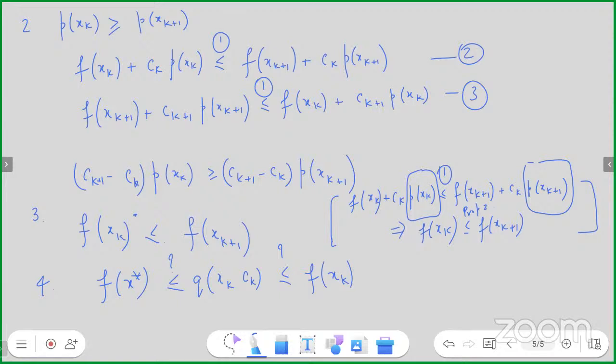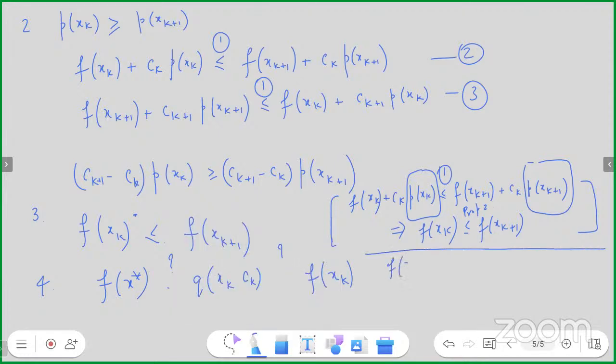So again, use 1. Let me erase this for the moment. What does 1 tell you? It's amazing that all four things are coming from just this simple definition of xk being the optimizer. What does 1 tell you?